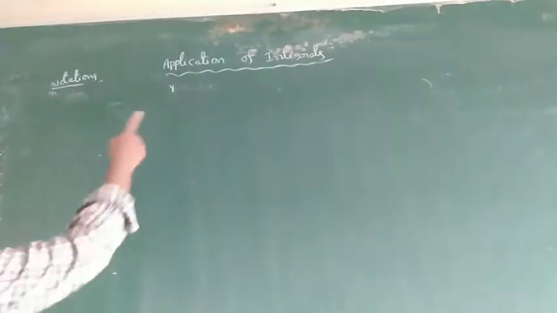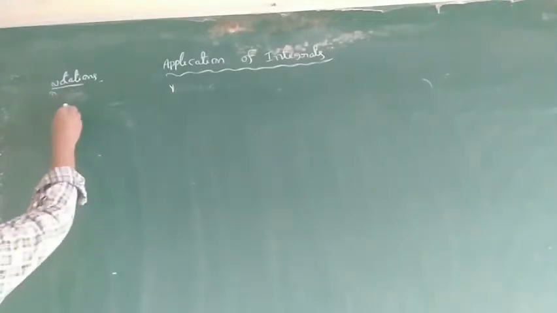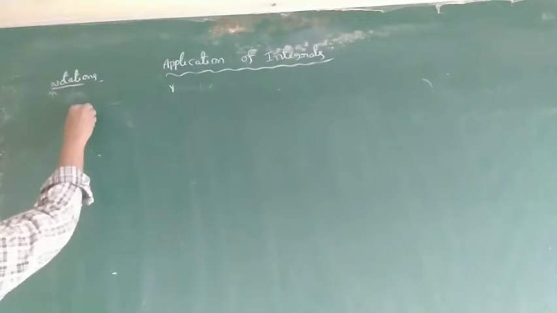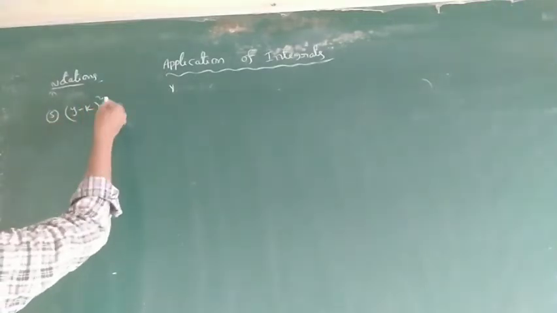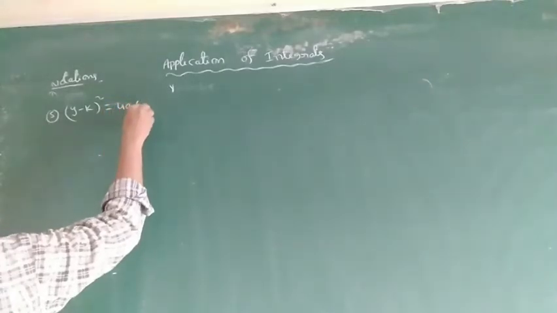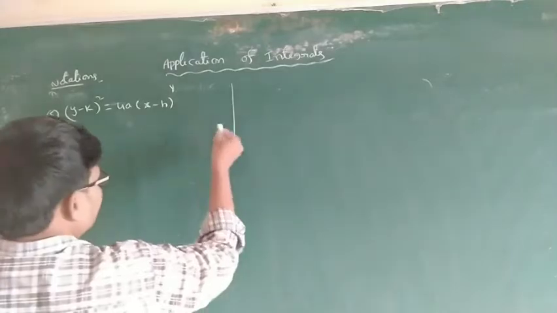Next, parabolas are some other types. This vertex is origin type. Vertex is h comma k. For example, this is the fifth one: y minus k whole square is equal to 4a into x minus h. See, these are the same, no difference.